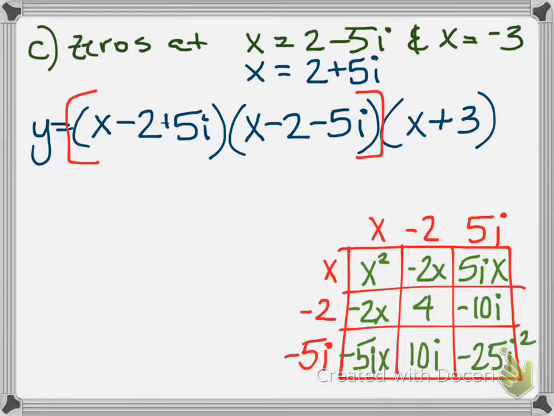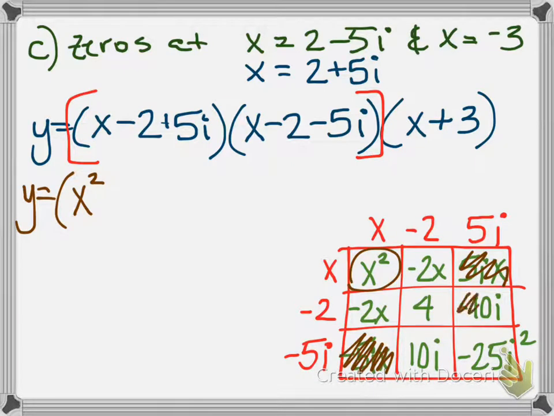Okay, so x squared, nothing like it. The 5ix and the negative 5ix cancel. The negative 10i and positive 10i cancel. Negative 2x and negative 2x make negative 4x.